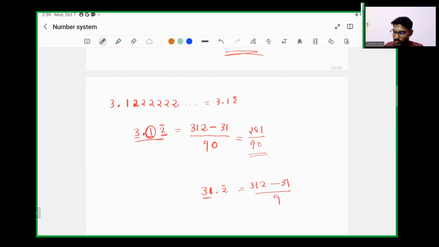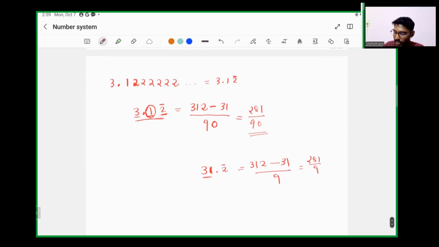It would come as 281 by 9. But here we are getting 3.12 bar. So in order to make this, you need to divide by 10. If you divide 31.2 by 10, you will get 3.12. So that 10 we are giving here.